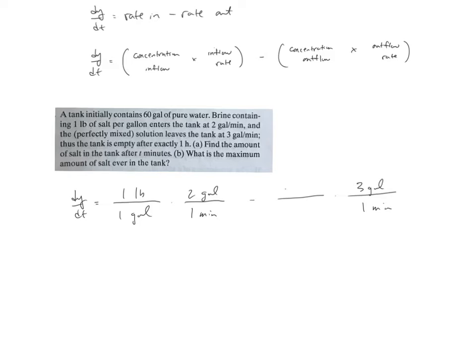For the concentration outflow, we're going to need to use part of this as what it is we're actually studying. So our top part here is going to be y of t, the amount of salt in the tank at time t, and then used as a ratio, we'll need to consider how much substance is actually in the tank at time t. What I'd recommend on a problem like this is drawing a picture. If this is our tank right here, we're coming in at a rate of 2, we're leaving at a rate of 3.